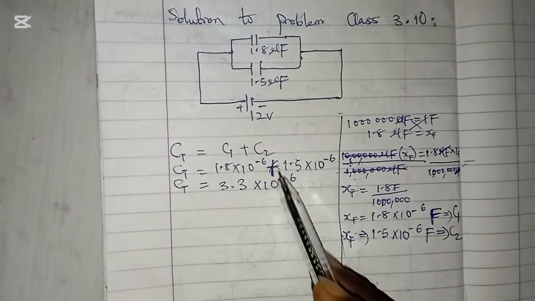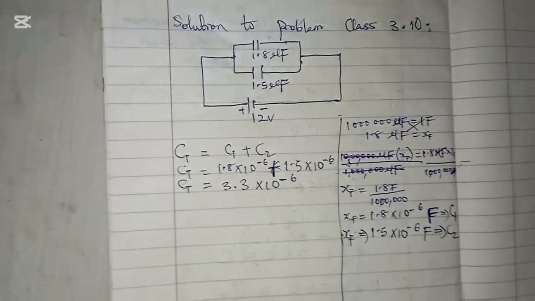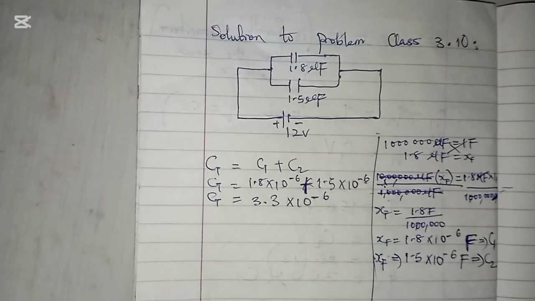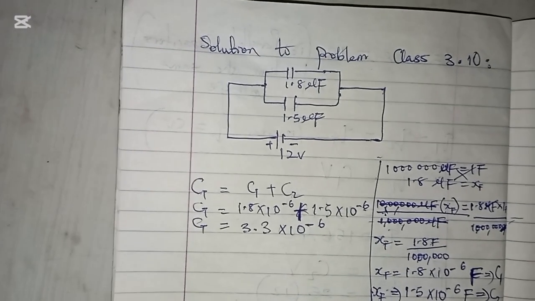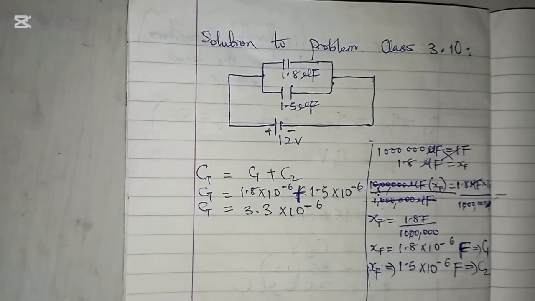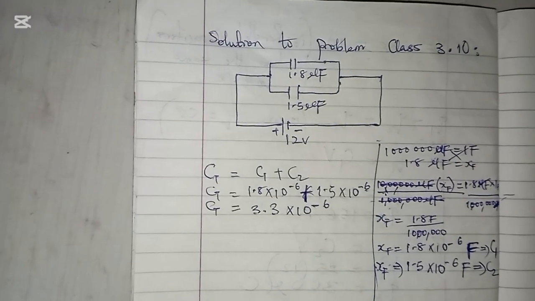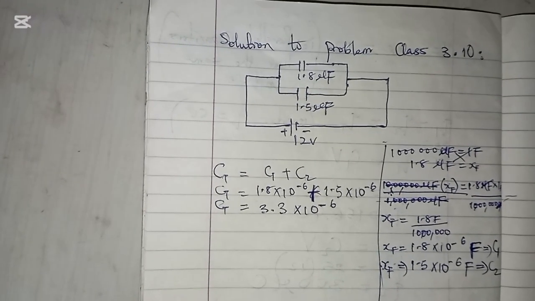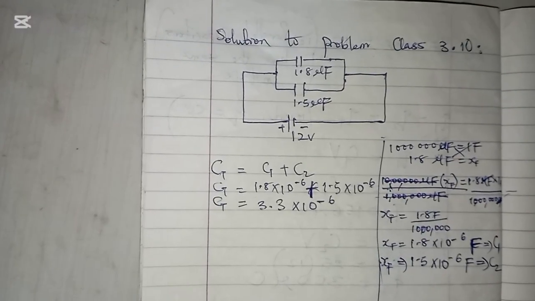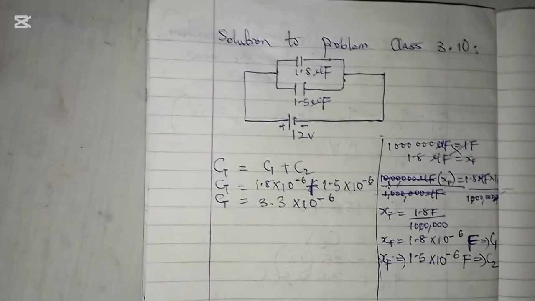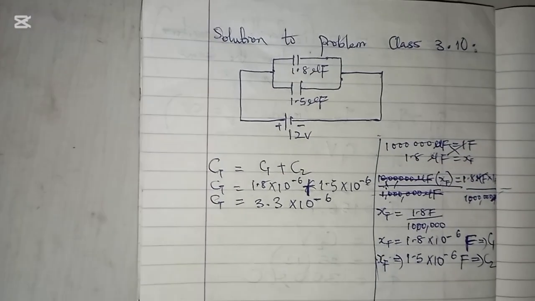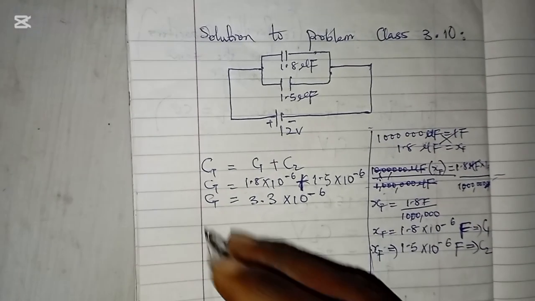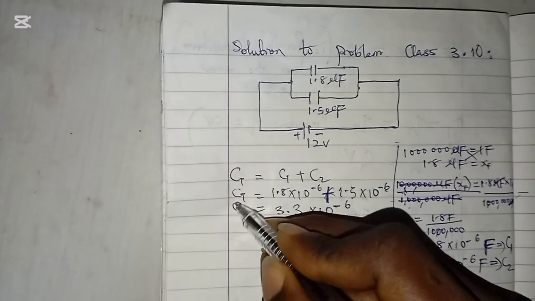That is the total capacitance. It's just the same thing as saying 1.8 plus 1.5, then times 10 raised to power minus 6. So there you have it. You've gotten the total capacitance to be this.